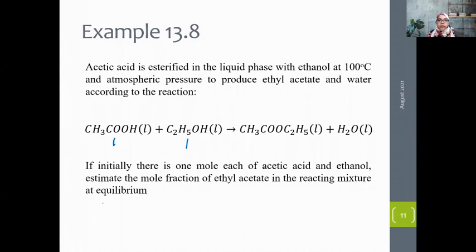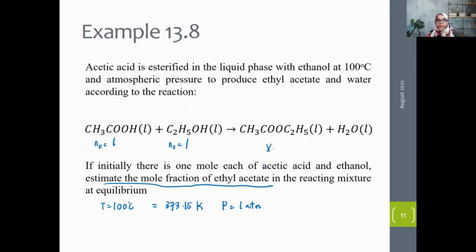So the given information is 100 degrees Celsius, equal to 373.15 Kelvin, and the pressure is 1 atm. The number of moles for the acetic acid and the ethanol are also given, and we need to estimate the mole fraction of ethyl acetate.